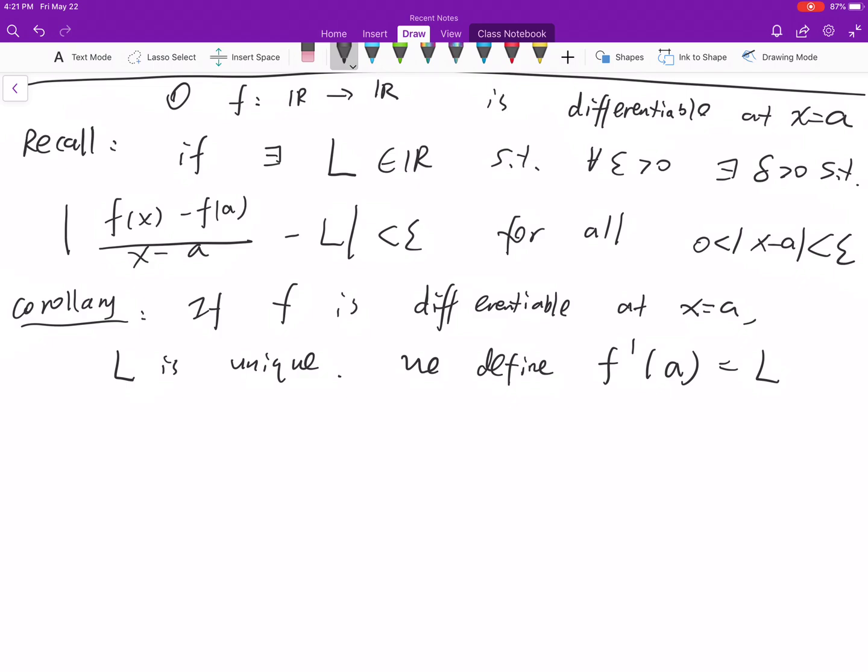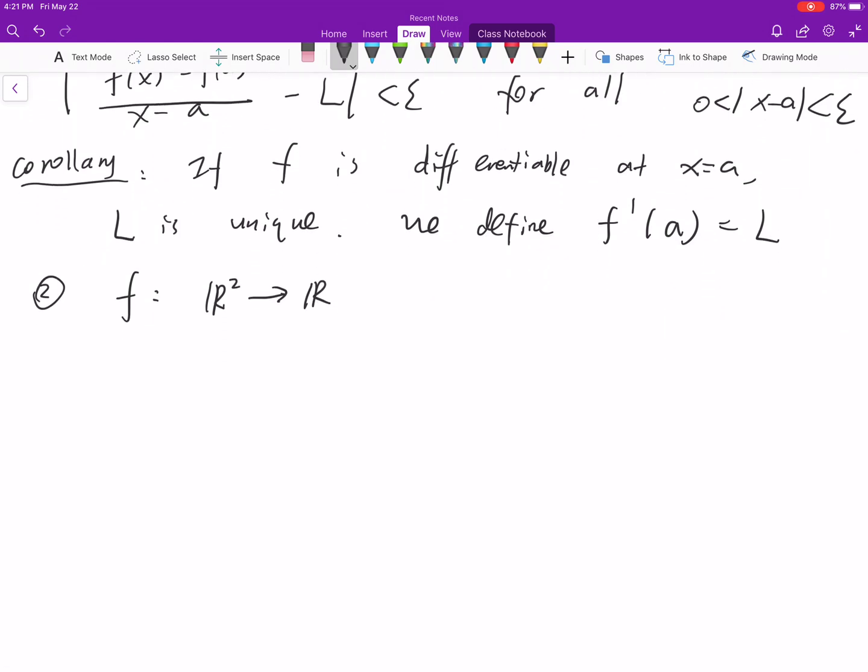Okay, then this is the 1D case, and for 2D, you can generalize it in a similar way, but a little bit more complicated. Probably you learned that from 522. But anyhow, let's define it.